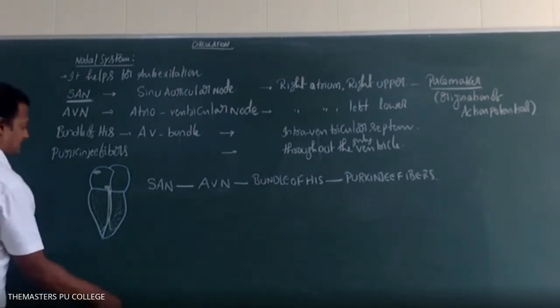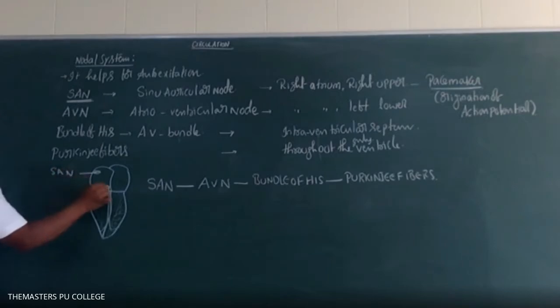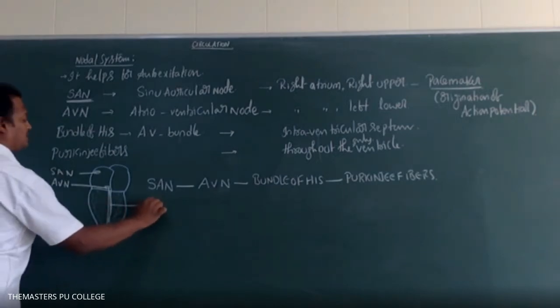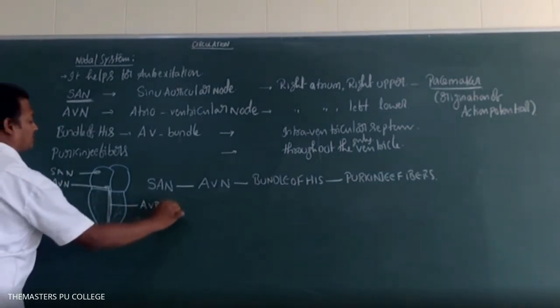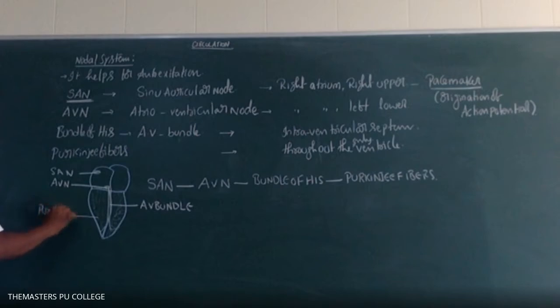What is this, students? Good. This one? This? AV bundle of His. And this one? Purkinje fibers. Is it clear now?